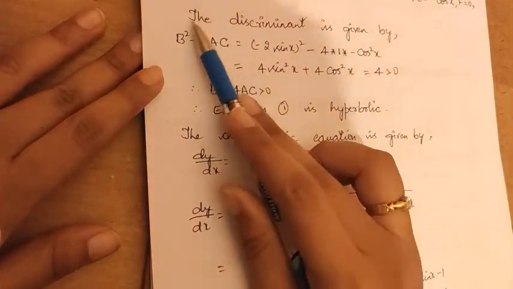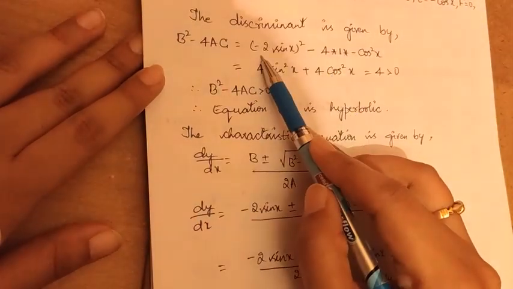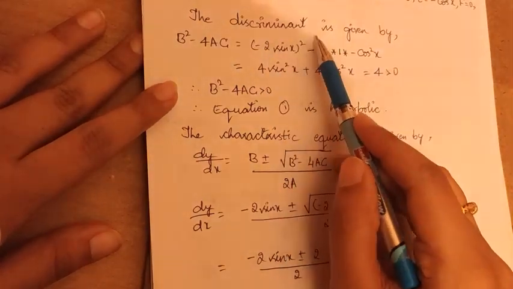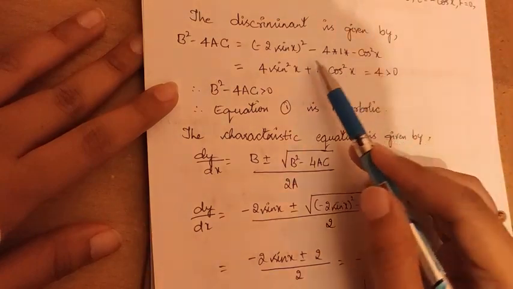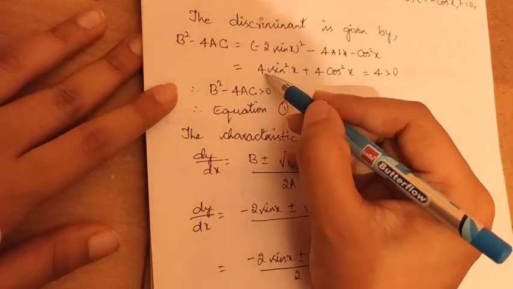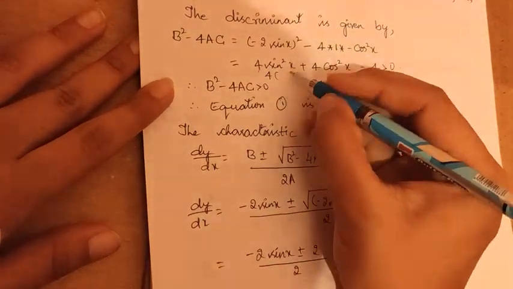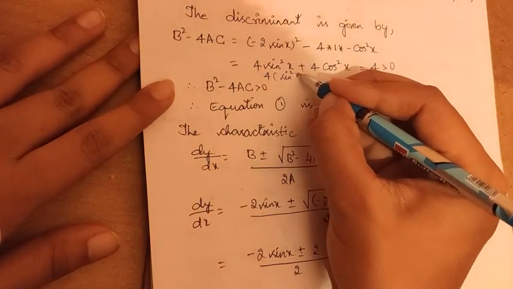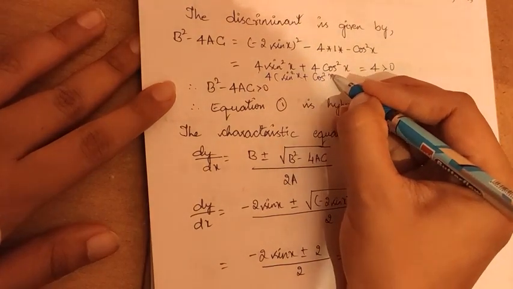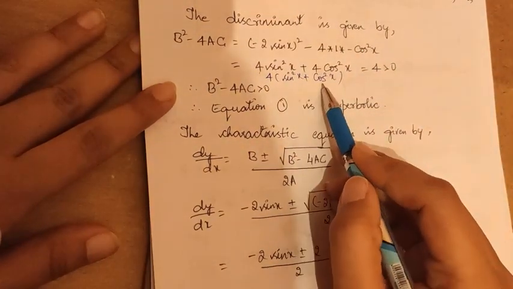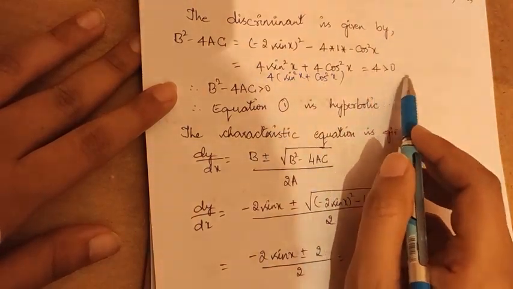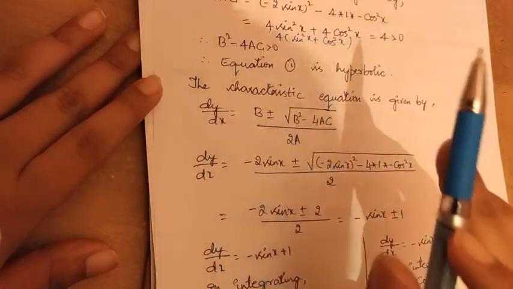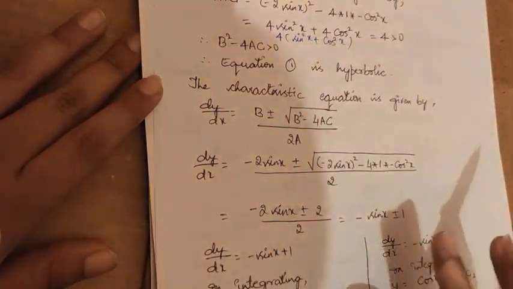So if I find out the discriminant, I will get minus 2 sin x whole square minus 4 into 1 into minus cos square x, that is equal to 4 into sin square x plus cos square x. We know the value of sin square x plus cos square x is 1. So 4 into 1 is 4. 4 is greater than 0. So the nature of the given PDE is hyperbolic.